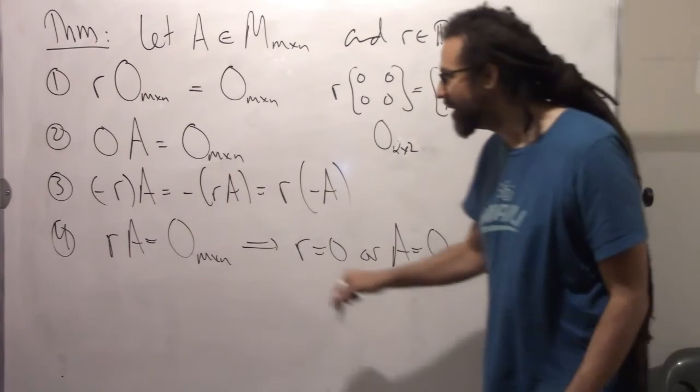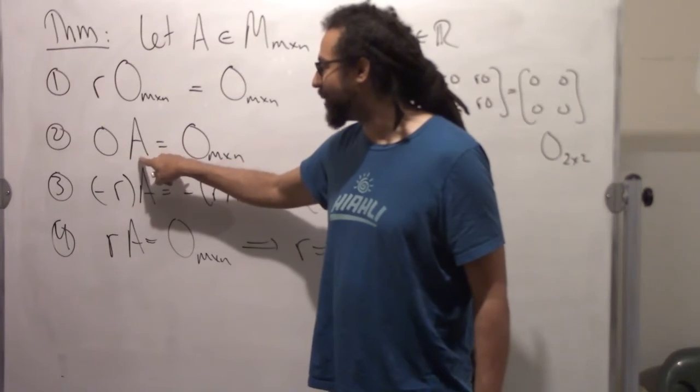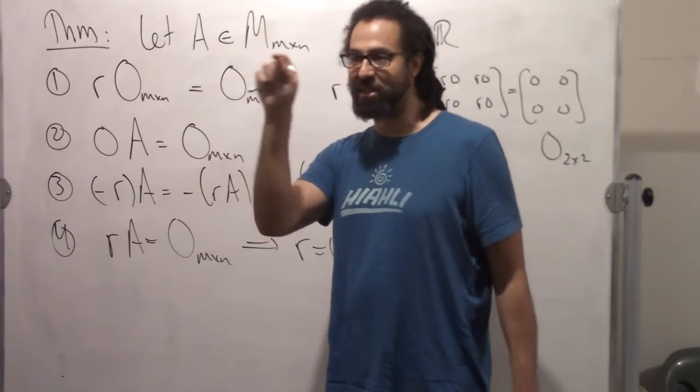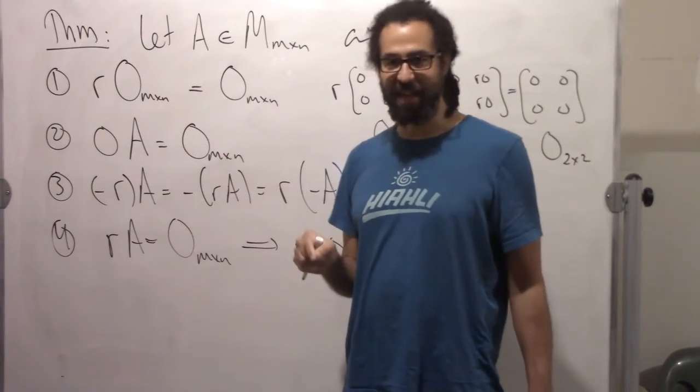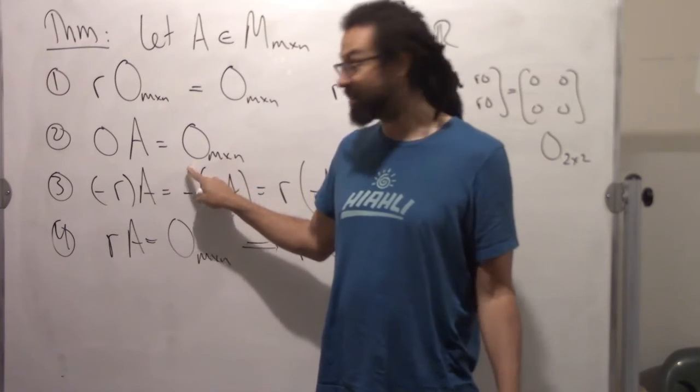And you get a similar thing in item 2 here. If I scalar multiply any matrix by the real number 0, that's the same thing as multiplying all of the entries of A by 0, and so that's going to return the zero matrix.